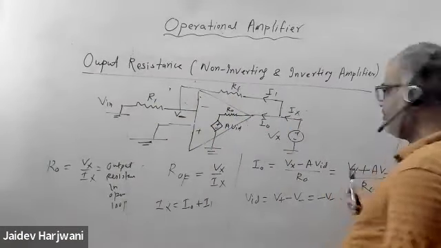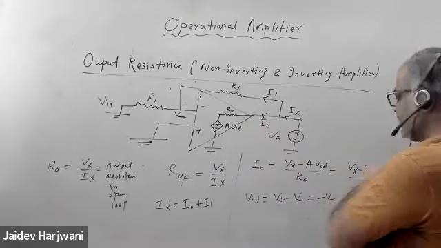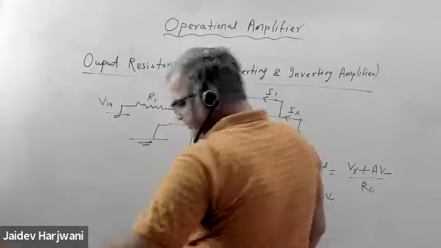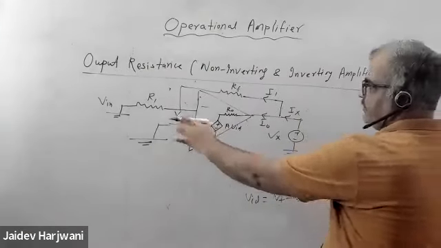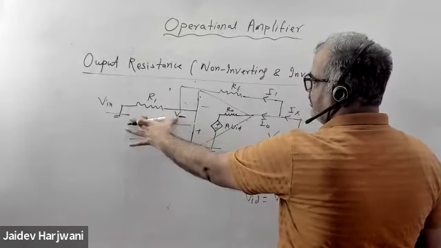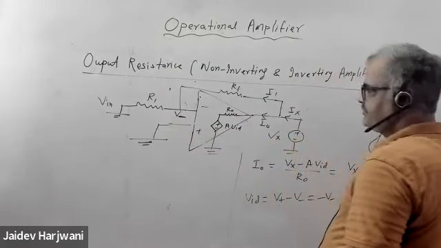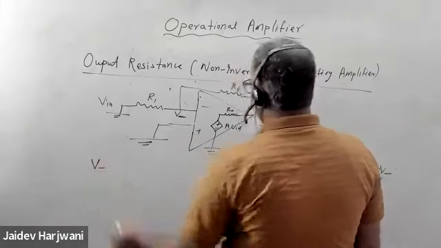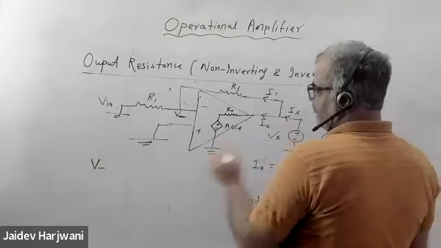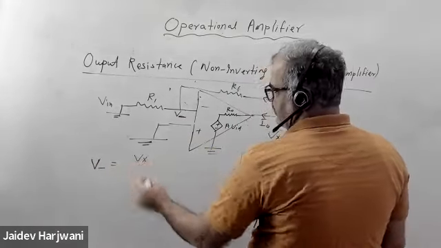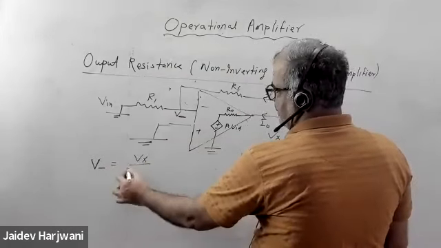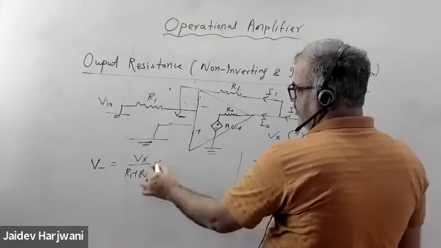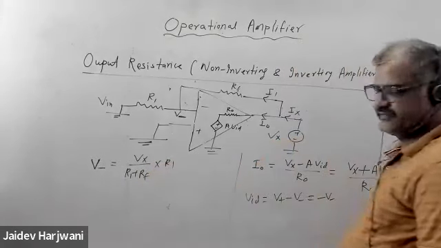Now, what is the value of Vx? What is the value of V minus? V minus value you can easily calculate. You can apply voltage division. V minus will be simply Vx upon R1 plus Rf, into R1.